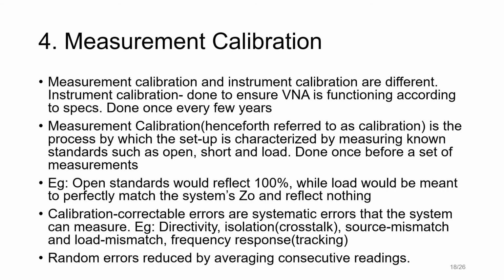We need to account for that as well, and that is called source mismatch. And there is similarly load mismatch, which occurs at the load end. And the last type is called the frequency response or tracking.